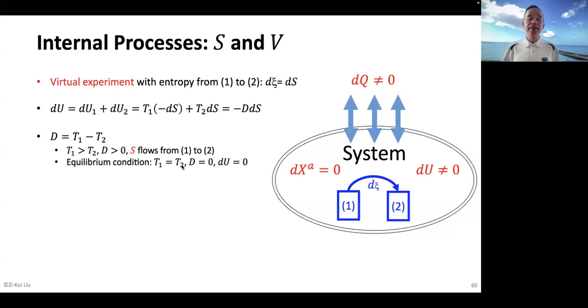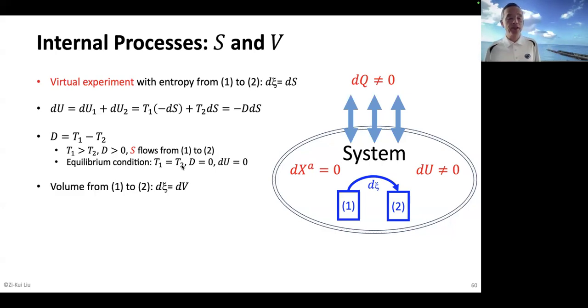So we now know that the condition for the system to be at equilibrium is that temperature, as a potential, must be homogeneous. So we do another virtual experiment: move volume from region 1 to region 2, then d psi equals dV. Again, dV is positive, right?